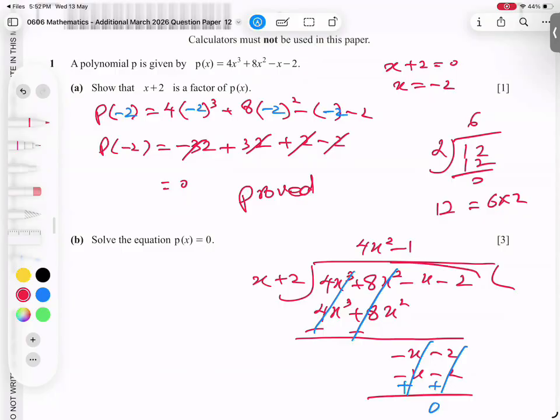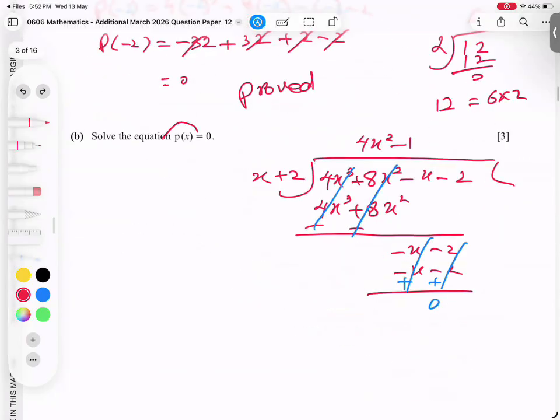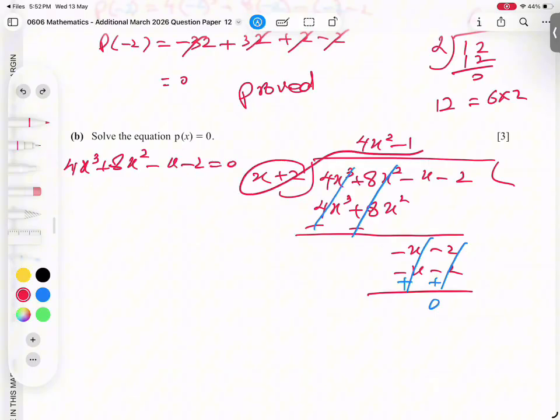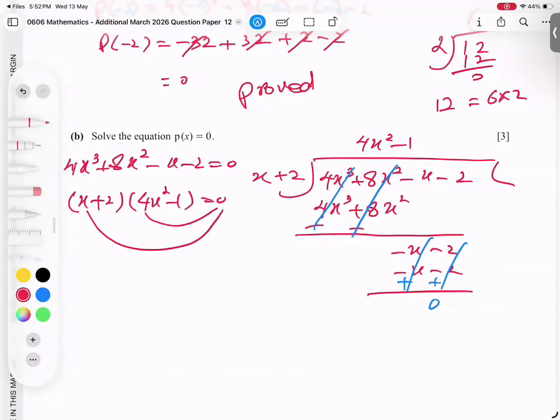In the place of P of x, which is 4x cube plus 8x square minus 8x minus 2 equal to 0, I will replace this with this: x plus 2 and 4x square negative 1 is equal to 0. So one time this is 0 and one time this is 0, one by one.